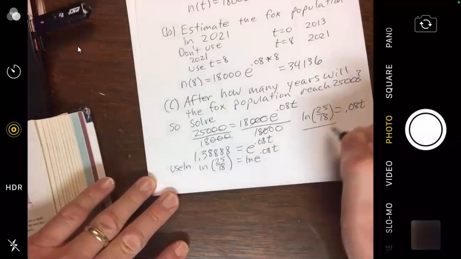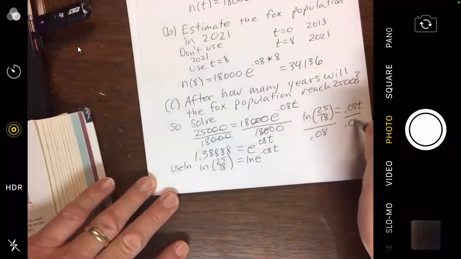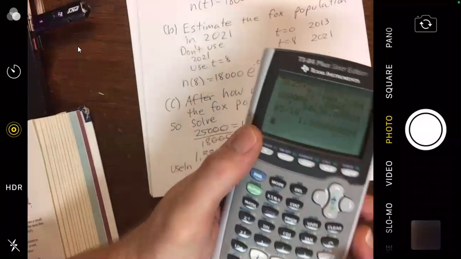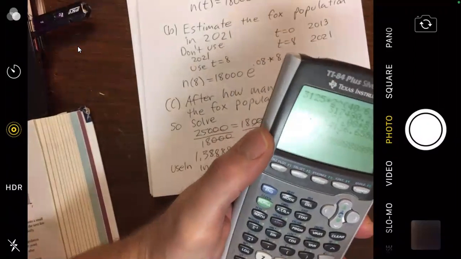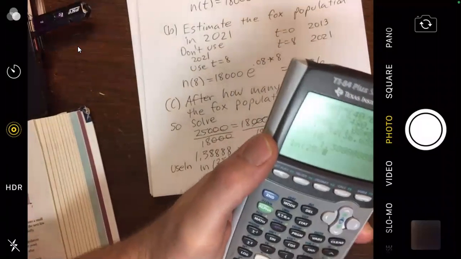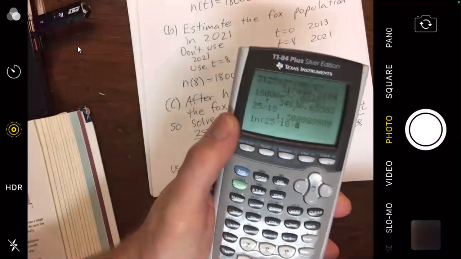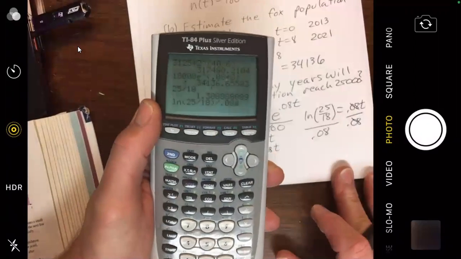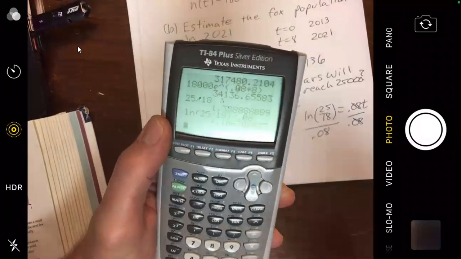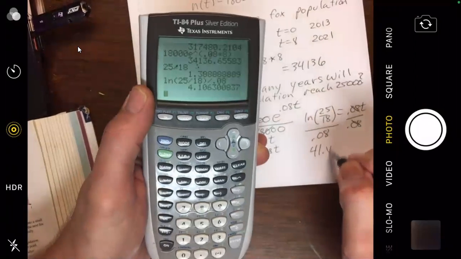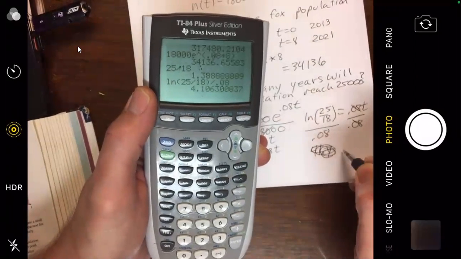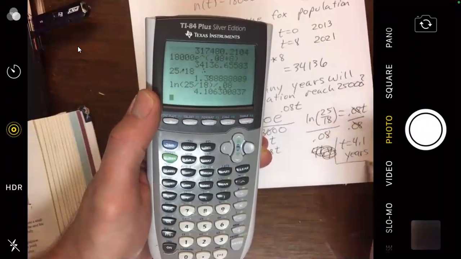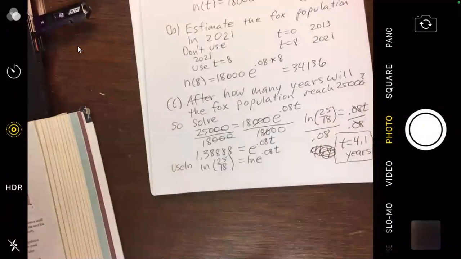All I've got to do is divide both sides by 0.08. There's my exact answer, which isn't super helpful, so you go ln 25 divided by 18, and then divide that by 0.08. That gives t equals 4.1 years. Notice that's much less than 8, as it should be.